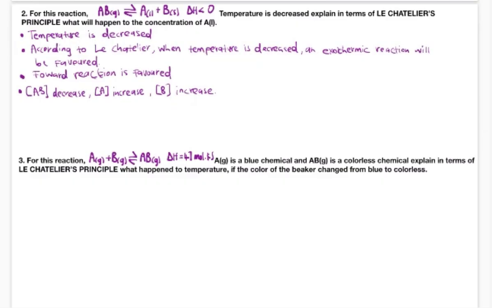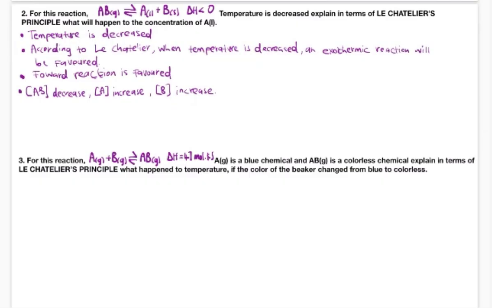Then according to Le Chatelier's principle, when the temperature is decreased, an exothermic reaction will be favored in order to increase the temperature by releasing heat again. So the forward reaction will be favored. When the forward reaction is favored, it means the reactants are used to form the product. So AB will decrease, then the products will increase, A will increase, then B will increase. So we have answered the question on what will happen to the concentration of A.